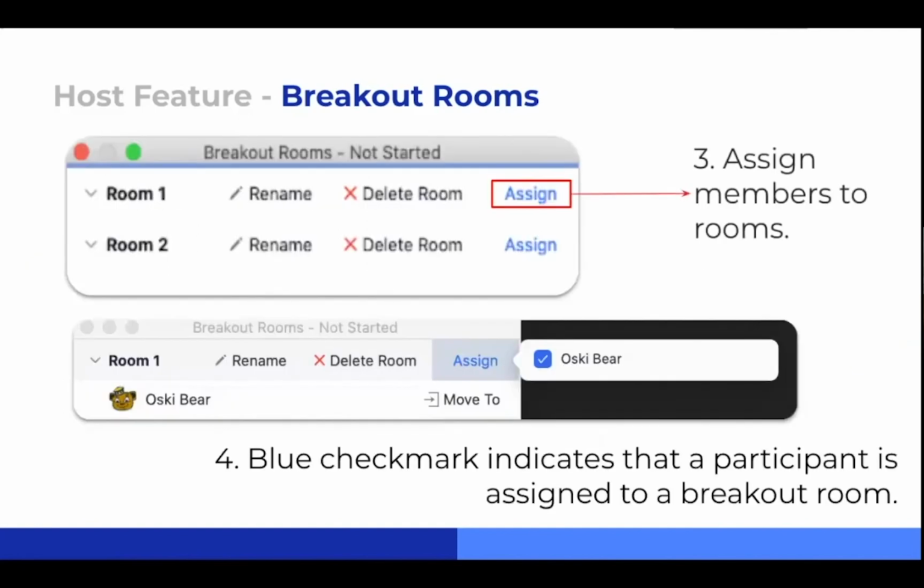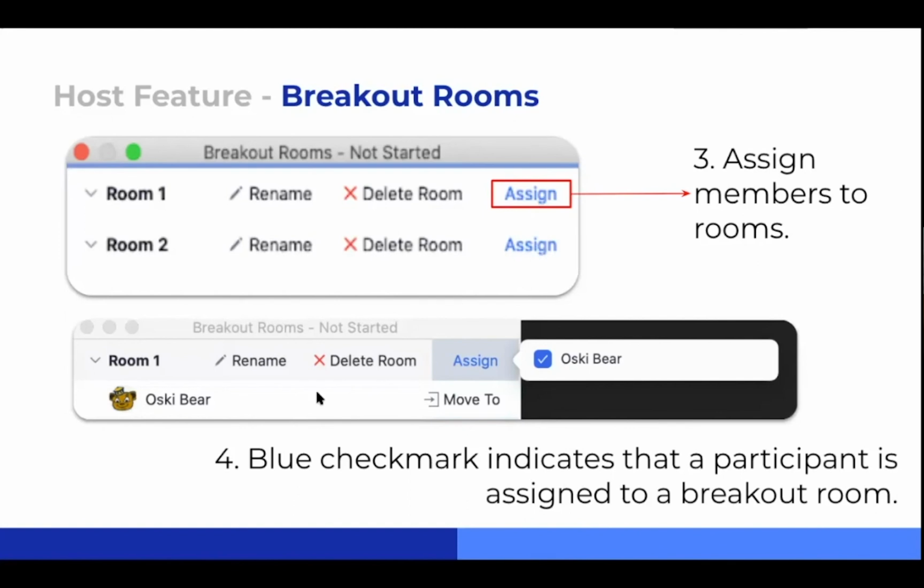When you click on that button titled Assign Room, you will be directed to an image that looks something like this. It'll have room 1, room 2, and this option of Assign. When you click on that button titled Assign, it'll allow you to see all of the participants in your main Zoom room, and you will have the option to assign people into breakout rooms.